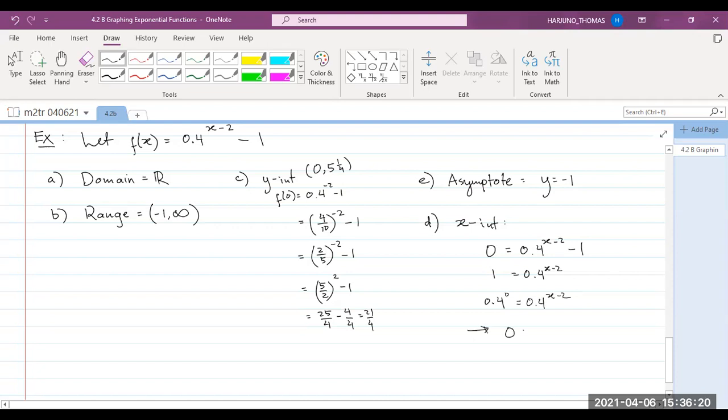So 0 equals x minus 2, x is equal to 2. So the x-intercept is (2, 0). Okay, now let's get to the graph. Give me a second.